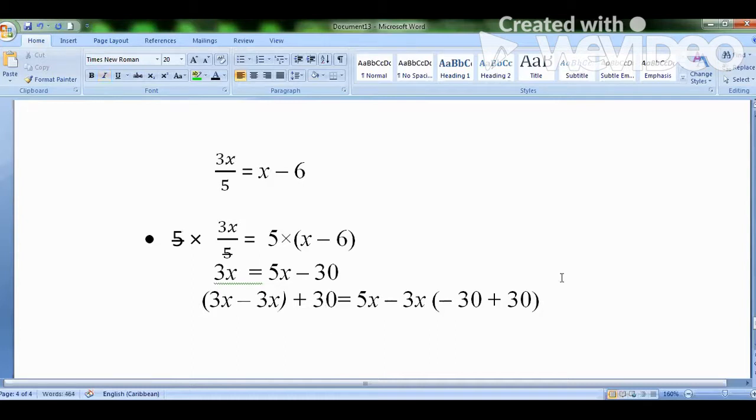So what's left back is 2x equals 30. So what's my answer? x equals 15. Yeah, you just divide everything by 2.